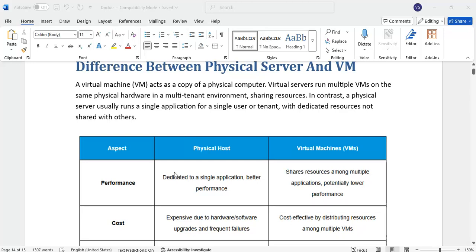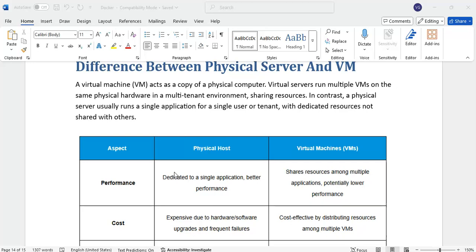But coming to virtual machine, what is a virtual machine? We can take one physical machine and divide it into multiple virtual machines. That means on the same machine we can run multiple virtual machines by sharing the hardware, RAM, and OS.